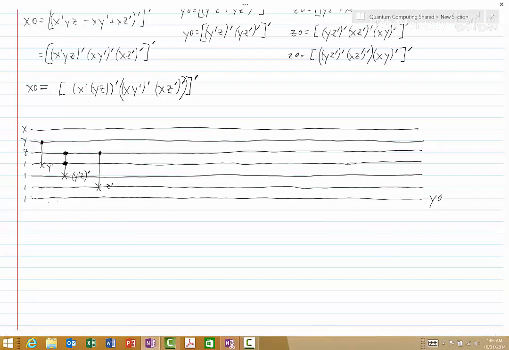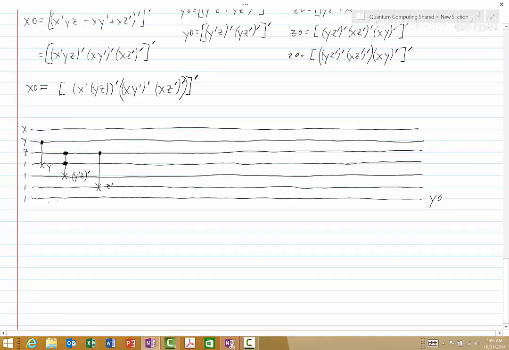We want to NAND Z prime with Y. You might be thinking that the obvious way to do this would be to use the Z prime line that we've just created as one control, use Y as another control, and use this last line as the controlled line.